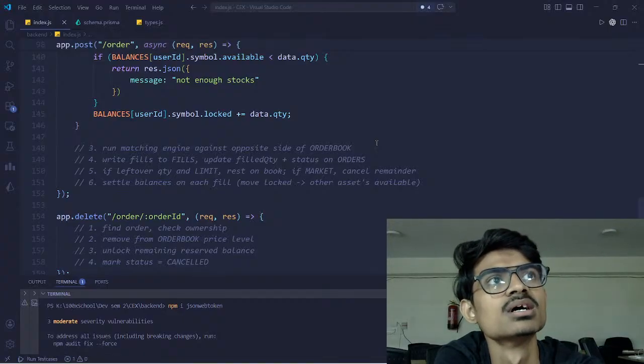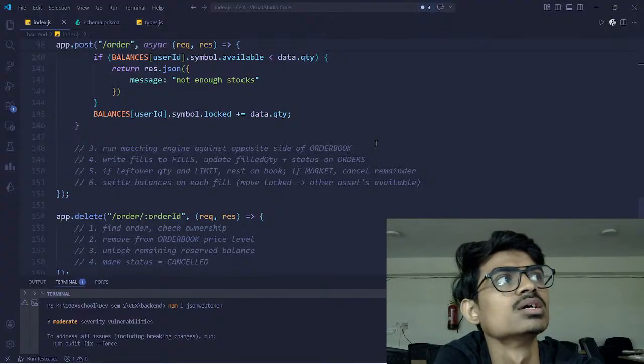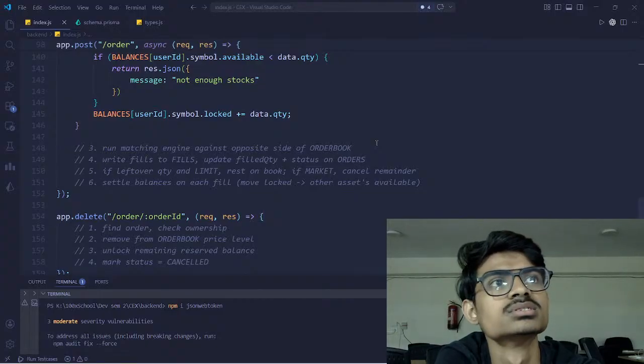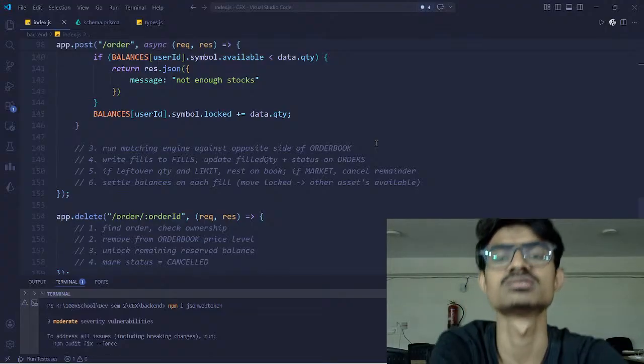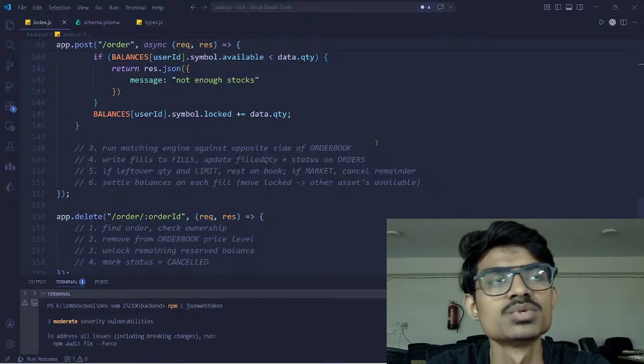We would basically get the stock, so our balance would be cut, the locked balance that we had would go to zero, and that number would be removed from the available balance. So at the buyer's end, the balances would change.